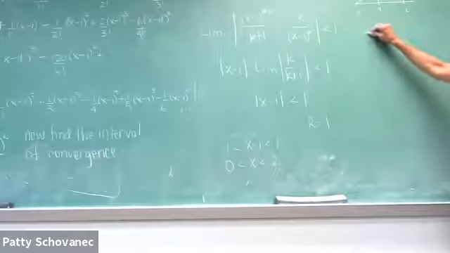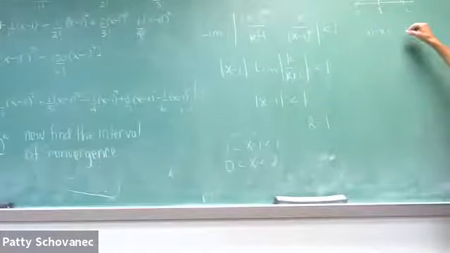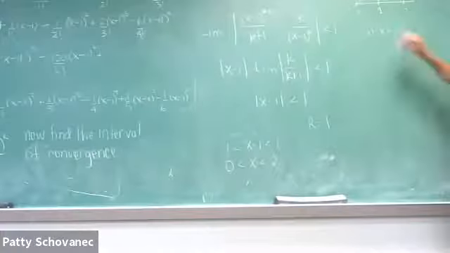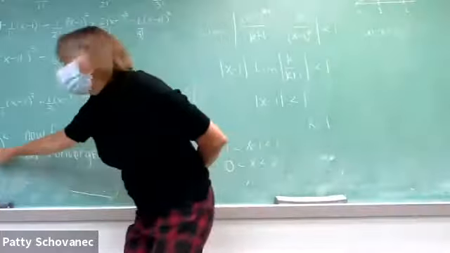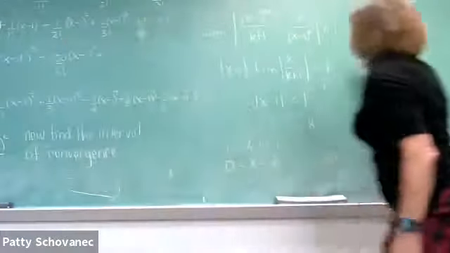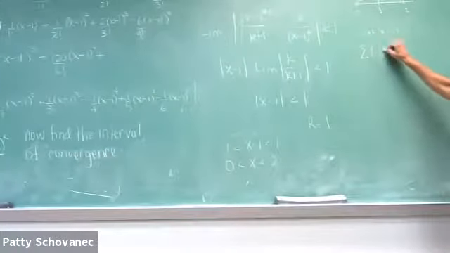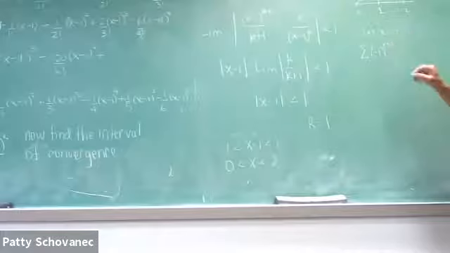So let's let x equal 0. We're going to go over here and let x equal 0 and test the remaining series. And so I have the sum of -1 to the k plus 1.